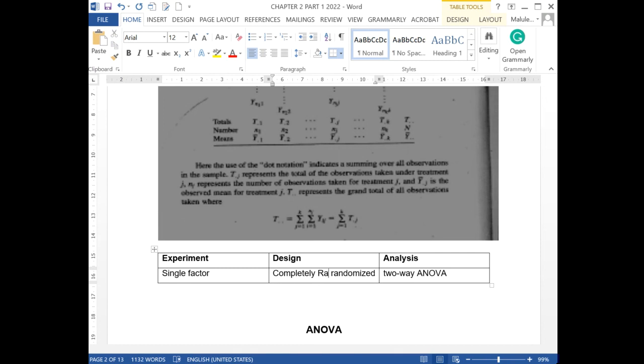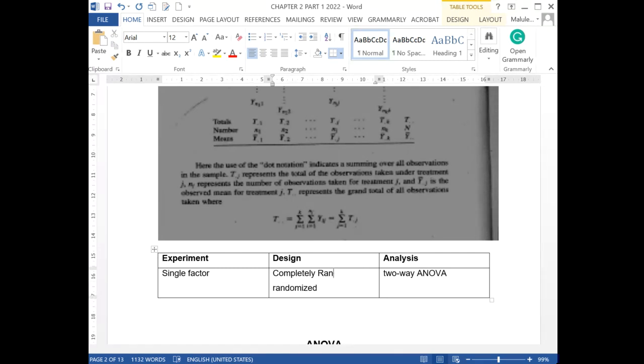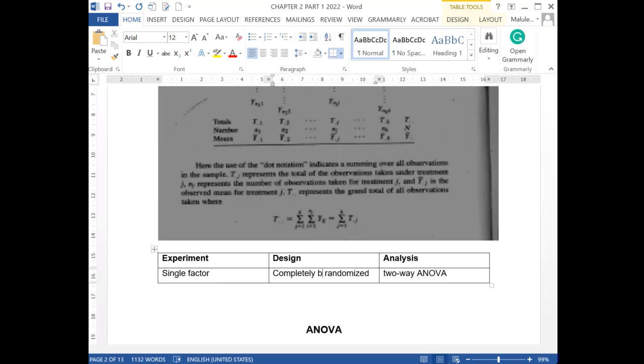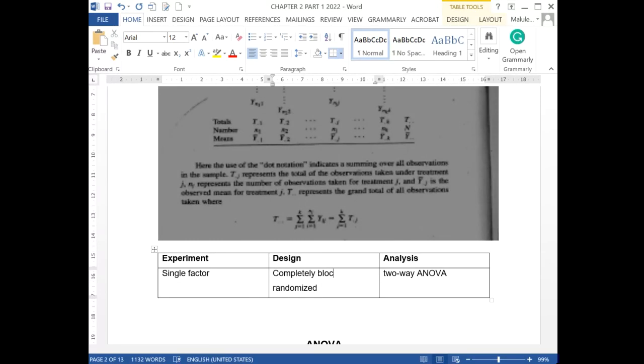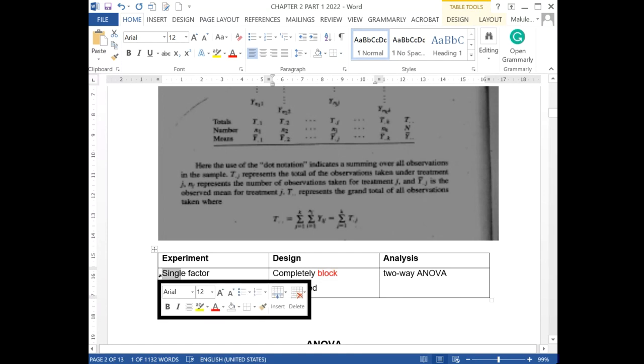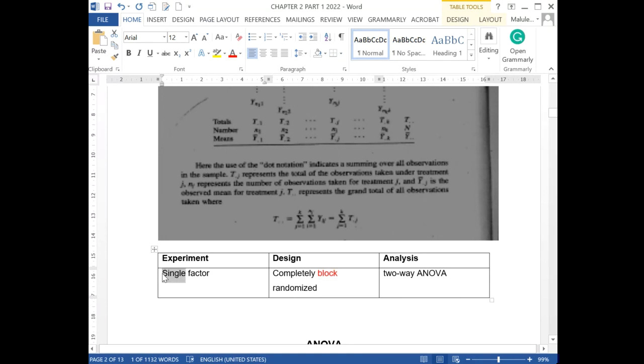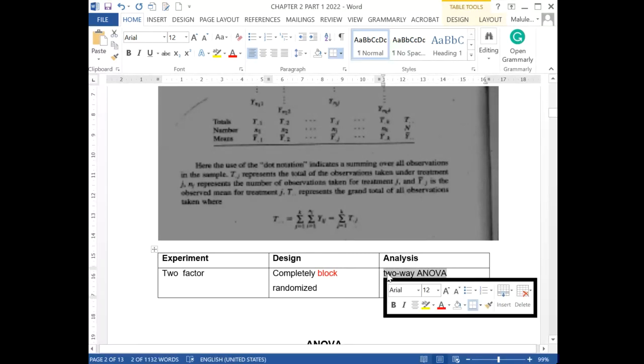And also the design will change to complete block. Immediately we bring the block here, it will change the single factor to two-factor. It will also change the ANOVA table to be two-way ANOVA.